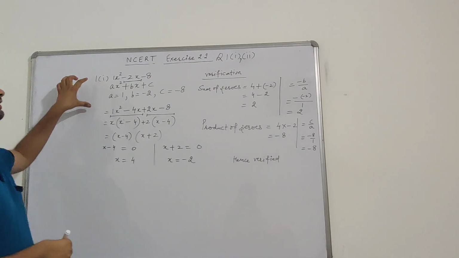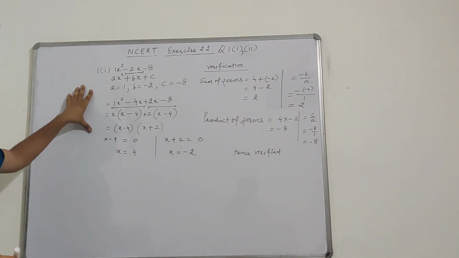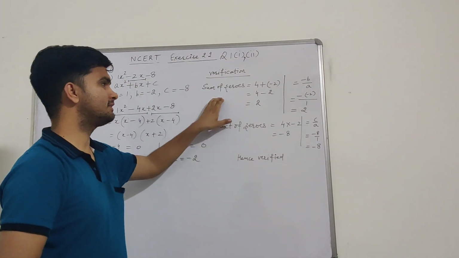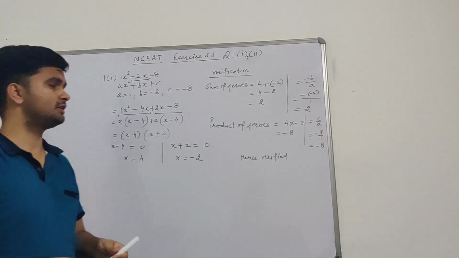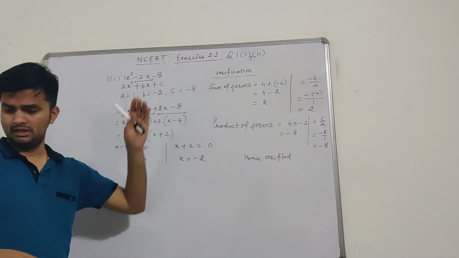First, how to find the zeros of the polynomial, then the verification part, sum of zeros and product of zeros, then come to the next part.